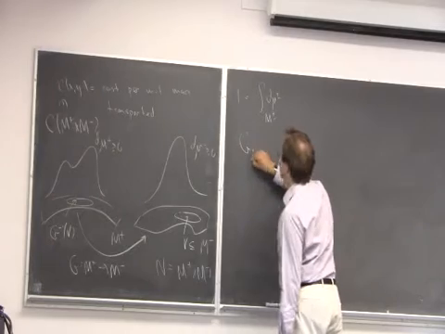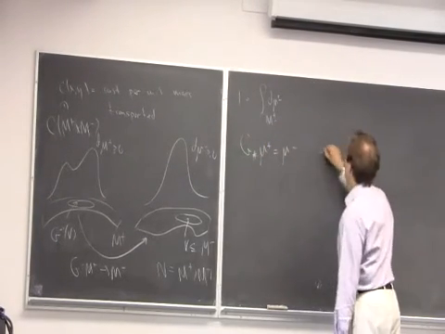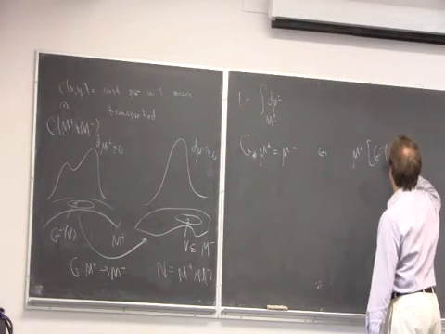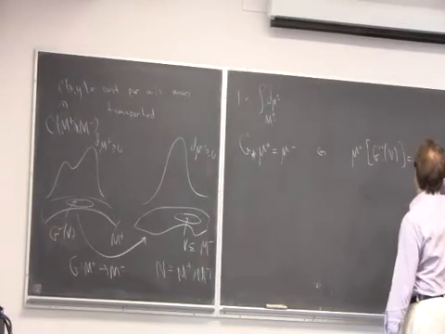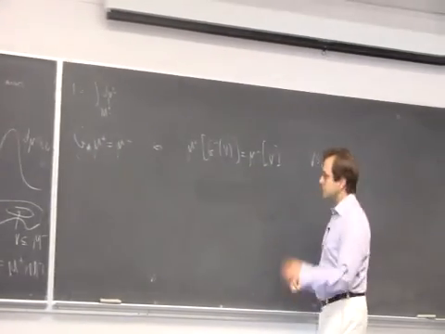So I'm going to write G pushes forward mu plus to mu minus if mu plus of G inverse B is equal to mu minus of B for every such, say measurable, B.